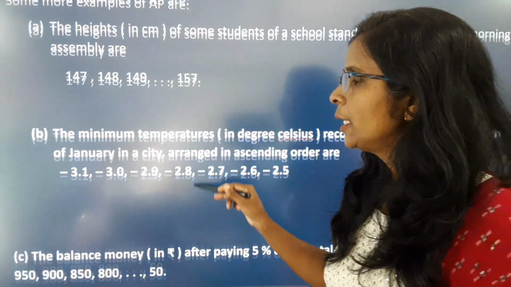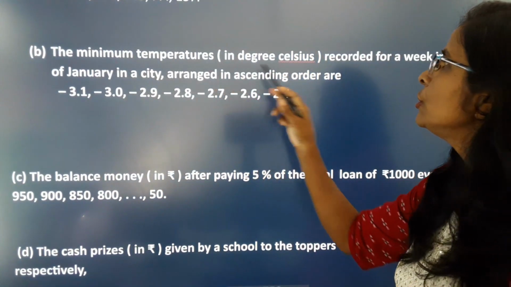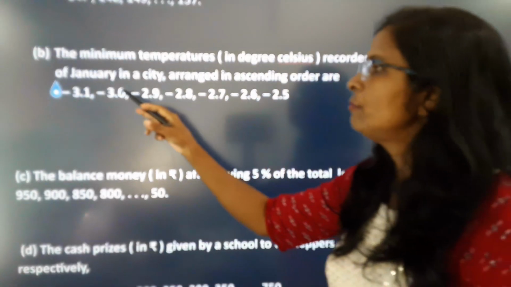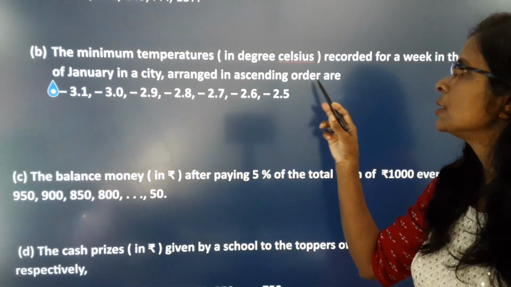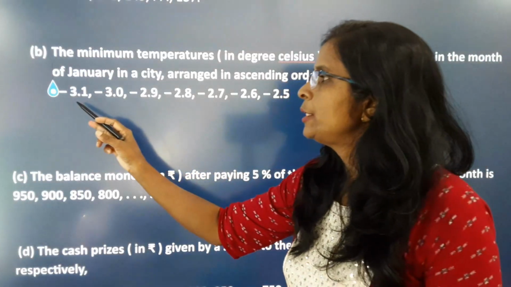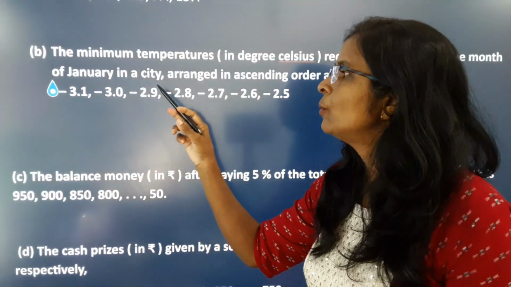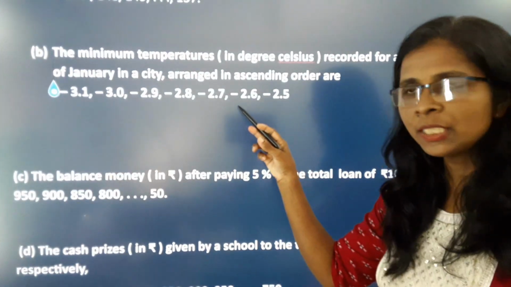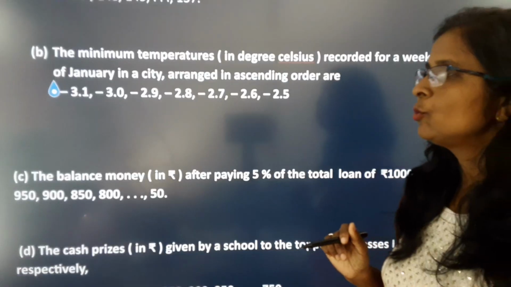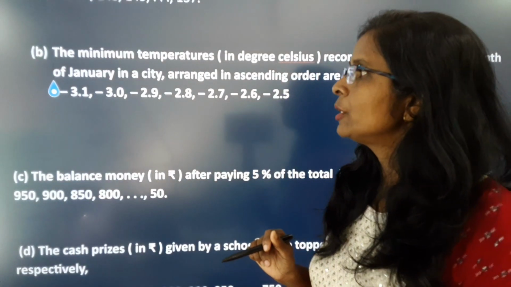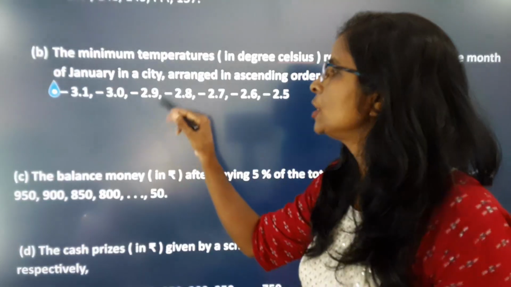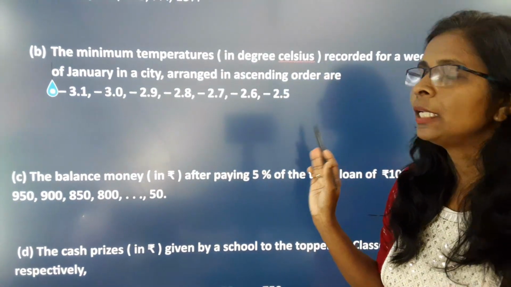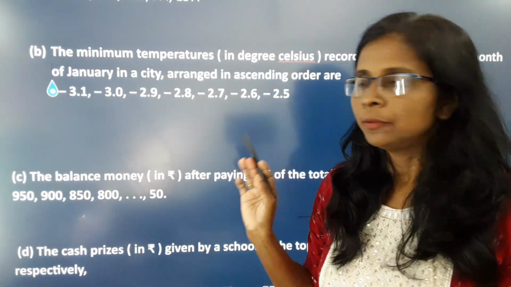Now the second example, the minimum temperature in degrees Celsius recorded for a week in the month of January in a city, arranged in ascending order, are minus 3.1, minus 3.0, minus 2.9, minus 2.8, minus 2.7, minus 2.6, minus 2.5. So now here see, the difference between these two consecutive terms is constant, and that's why this example is an AP.